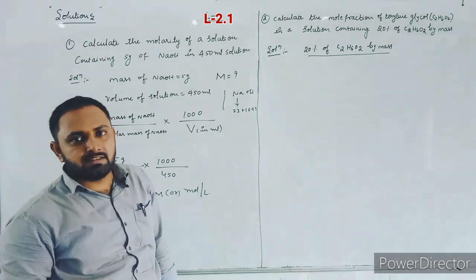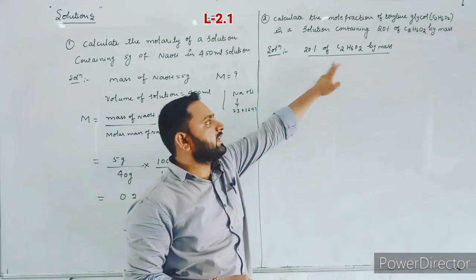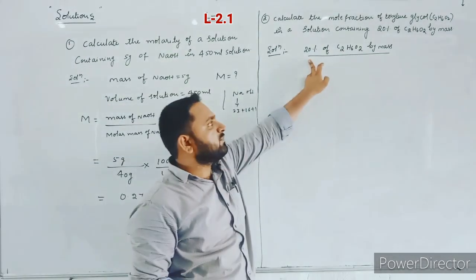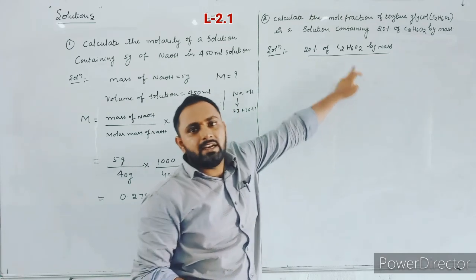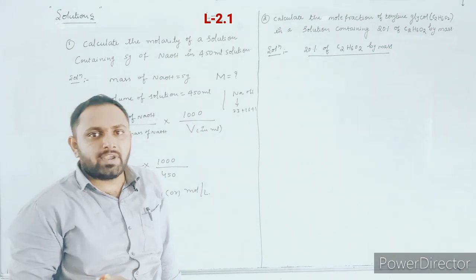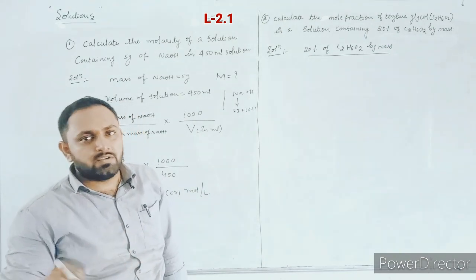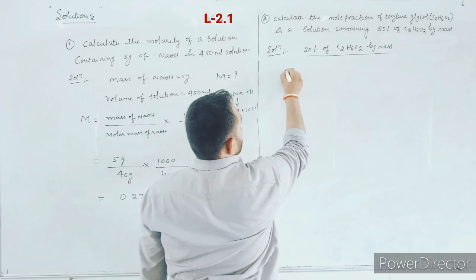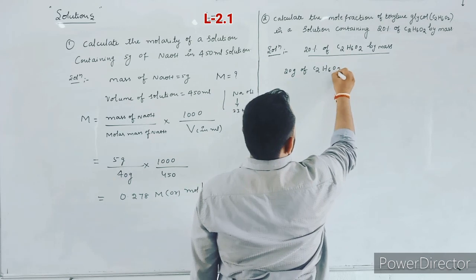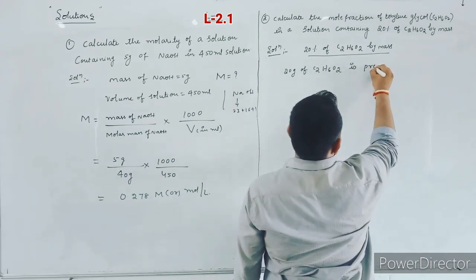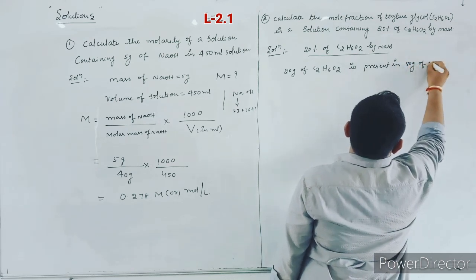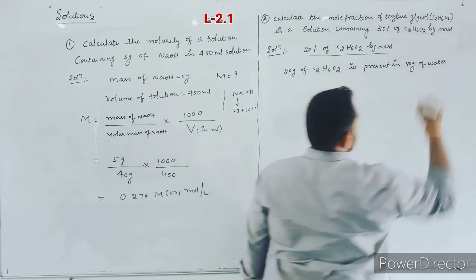Now let us write the meaning of 20% ethylene glycol by mass. According to the definition, 20 gram of ethylene glycol is dissolved in how many grams of water? 80 grams of water, or we can write it as 100 gram of solution. Here let us write: 20 grams of C2H6O2 is present in 80 gram of water.